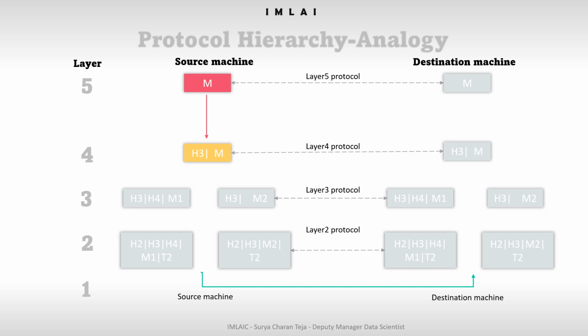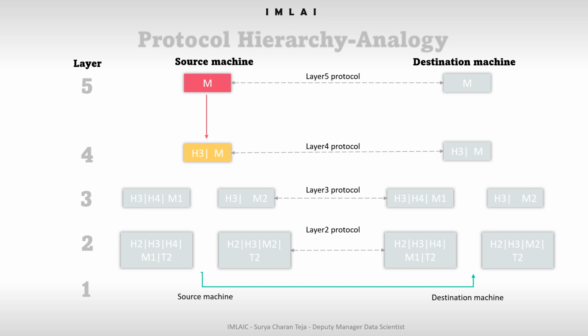Other examples of control information used in some layers are sequence numbers, in case the lower layers do not preserve message order, and sizes and times. In many networks, no limit is placed on the size of messages transmitted in the layer 4 protocol, but there is nearly always a limit imposed by the layer 3 protocol.